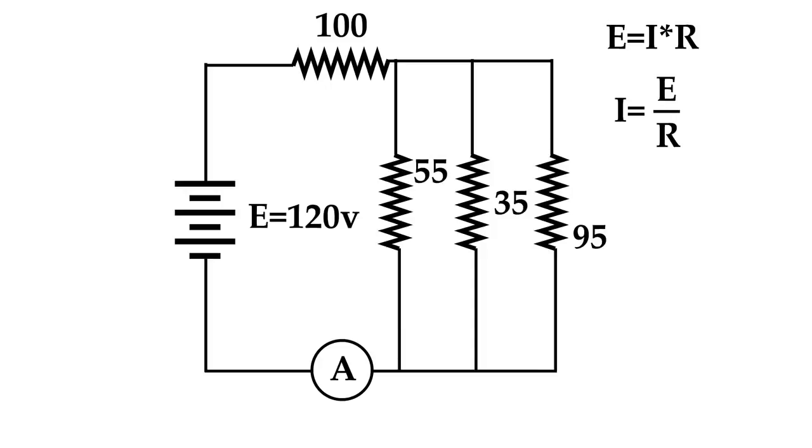One of them is 55 ohms, then 35 ohms, then 95 ohms. And I would like to know what the current is in this circuit. I would also like to know what the voltage drop is across each resistor. And I would also like to know what the current is through each of the parallel resistors.